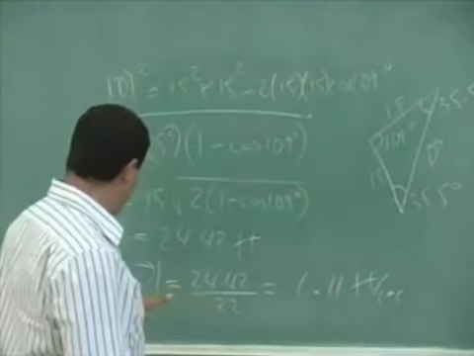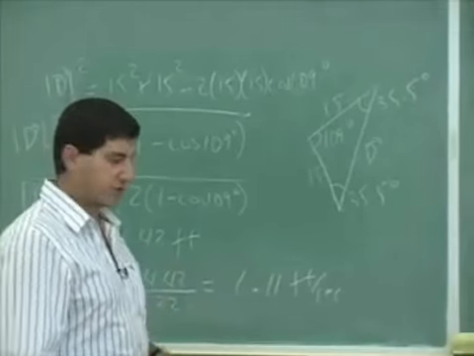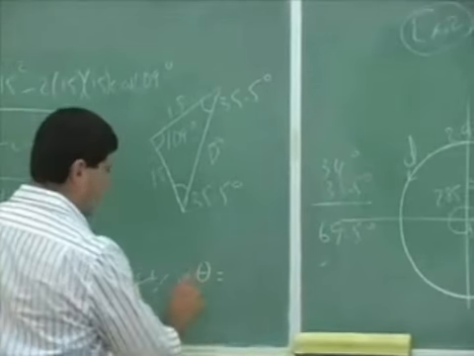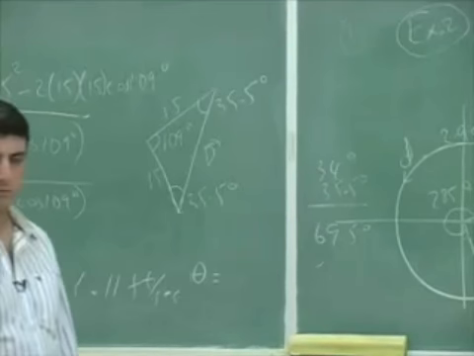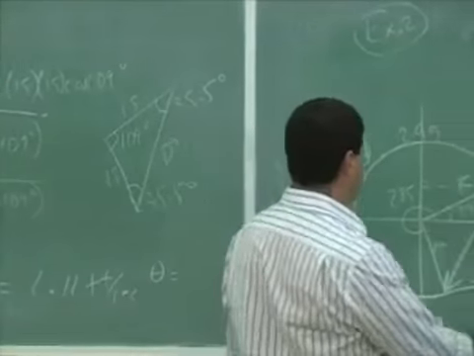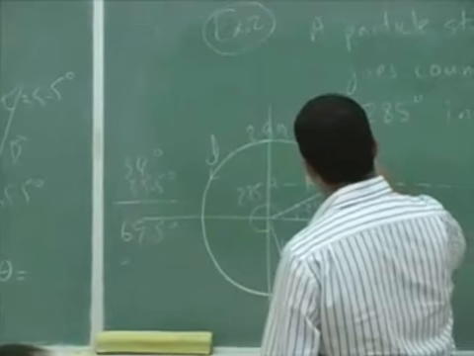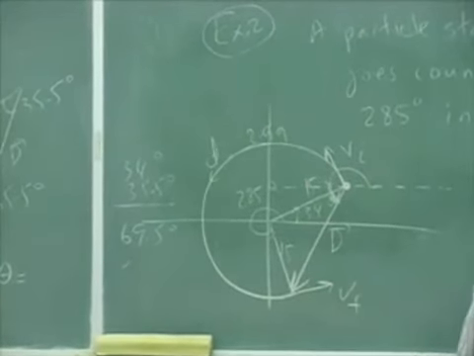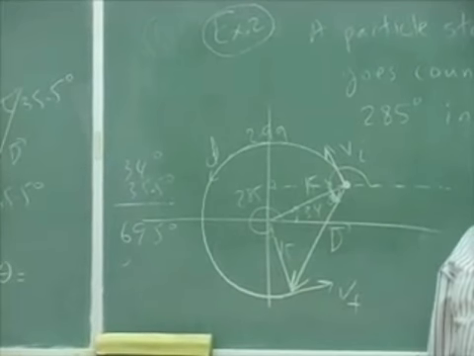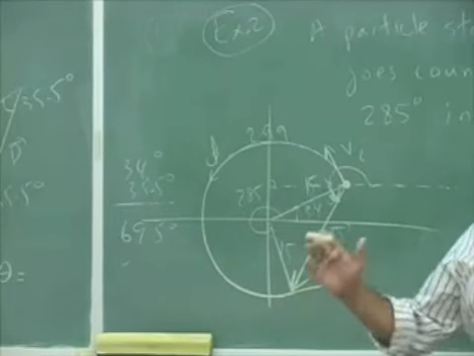So the official answer then: the magnitude of the velocity vector is 1.11 feet per second. Its direction is what? This one is 69 and a half. If you want to express this one, add 180 to that. 180 plus 69 and a half is 249 and a half. That's the answer.